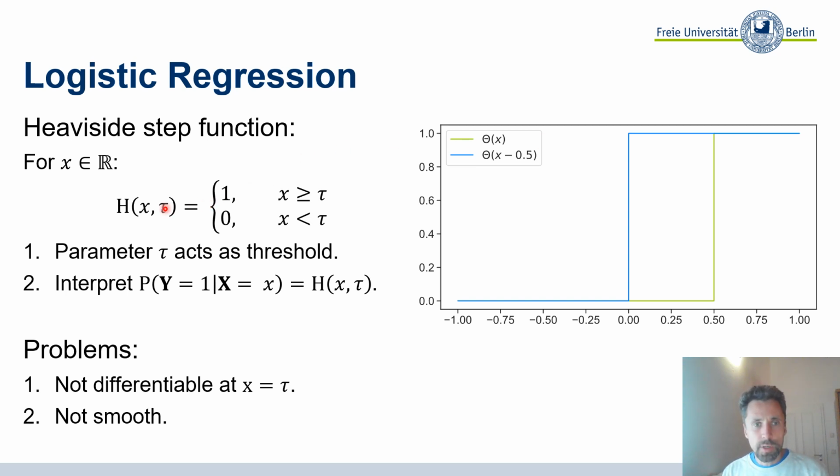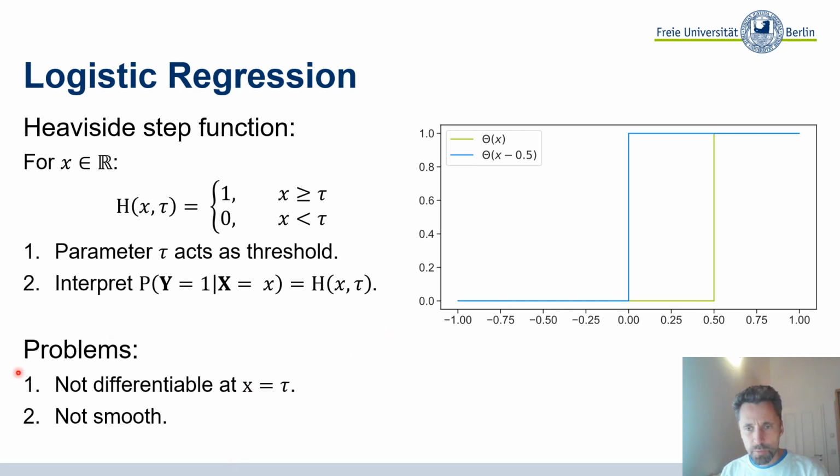And usually we have a way of controlling this location of the jump of the step with this parameter tau. So any x will be compared to tau, and larger x's will then result in ones and zeros otherwise.